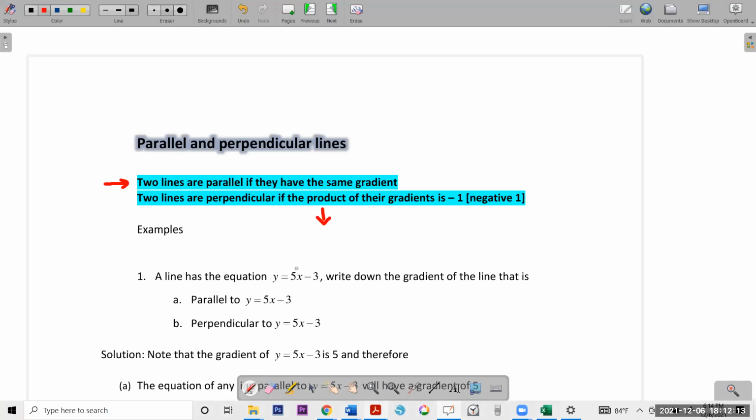That's really all you have to remember: parallel lines don't intersect, while perpendicular lines intersect at 90 degrees. Everybody got that?